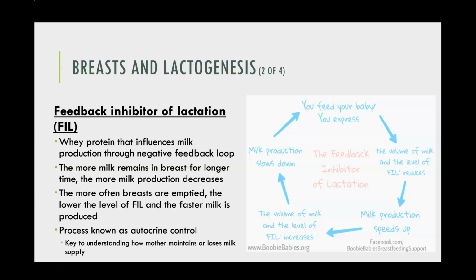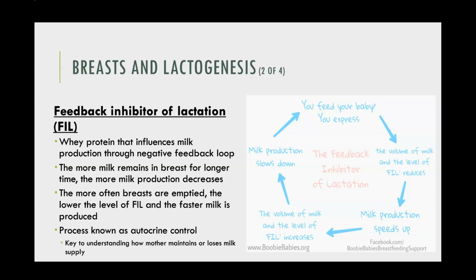The more milk that remains in the mom's breast for longer periods of time, the more the body will decrease milk production, because there's still milk in the breast. If there is milk left in the breast, the body doesn't think that it needs to make any more, so it won't.